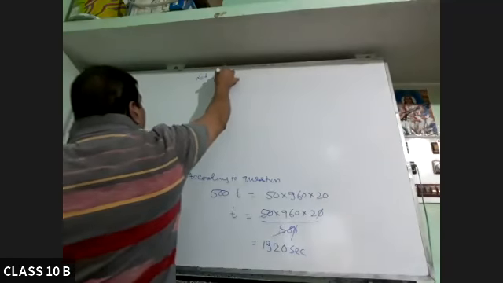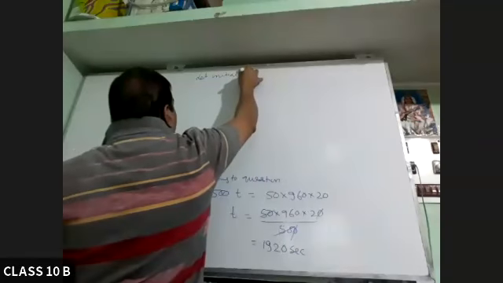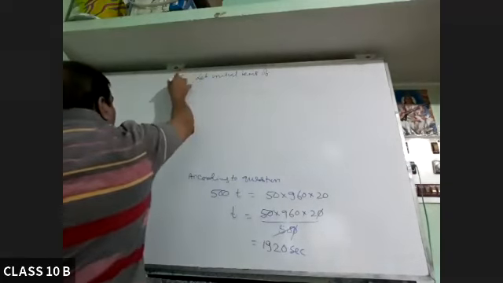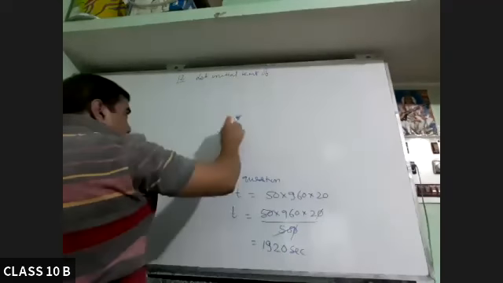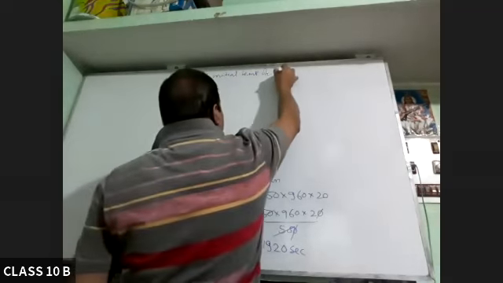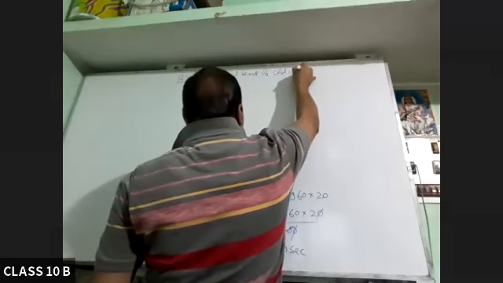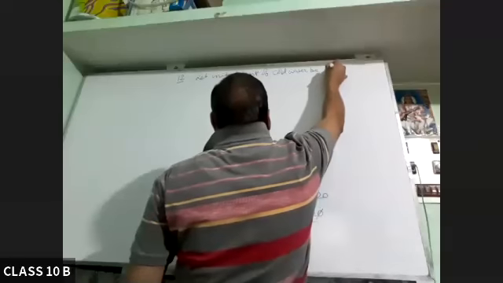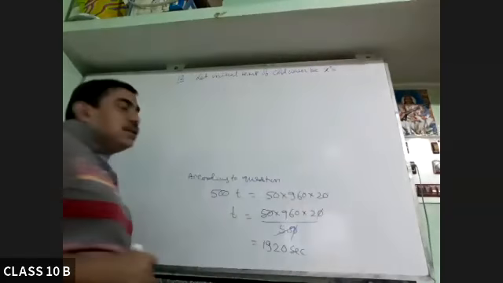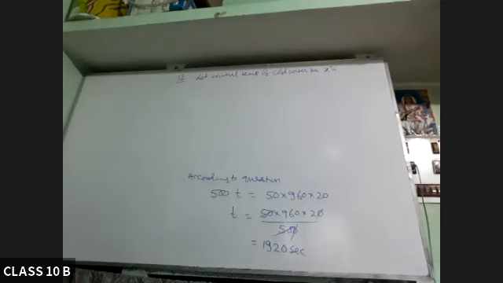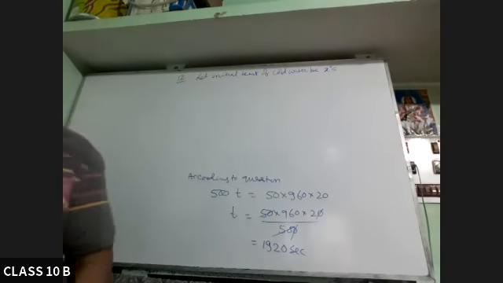Let the initial temperature, this is number 12, previous one was number 6, be X degrees Celsius, or T degrees Celsius or theta degrees Celsius, whatever you may use. So the temperature of 600 gram cold water rises by 15 degrees Celsius.